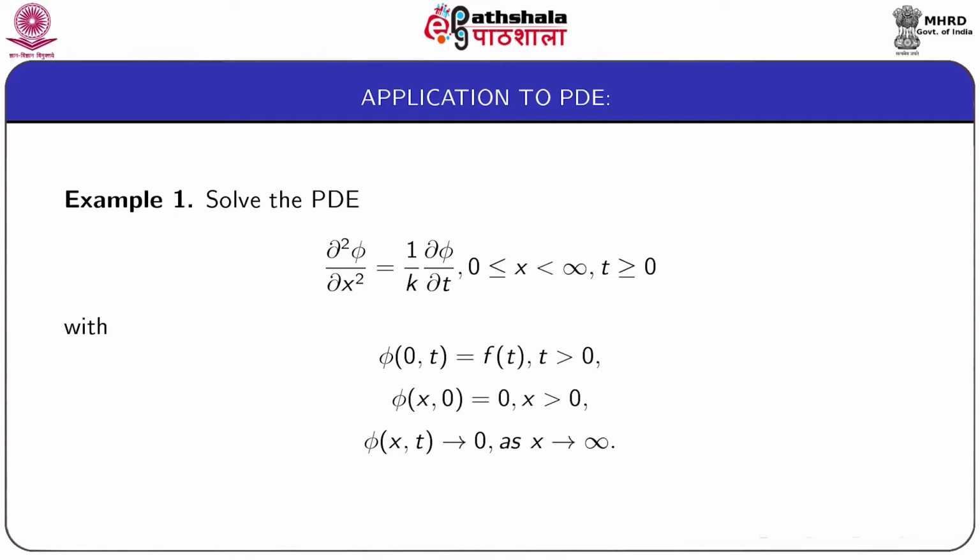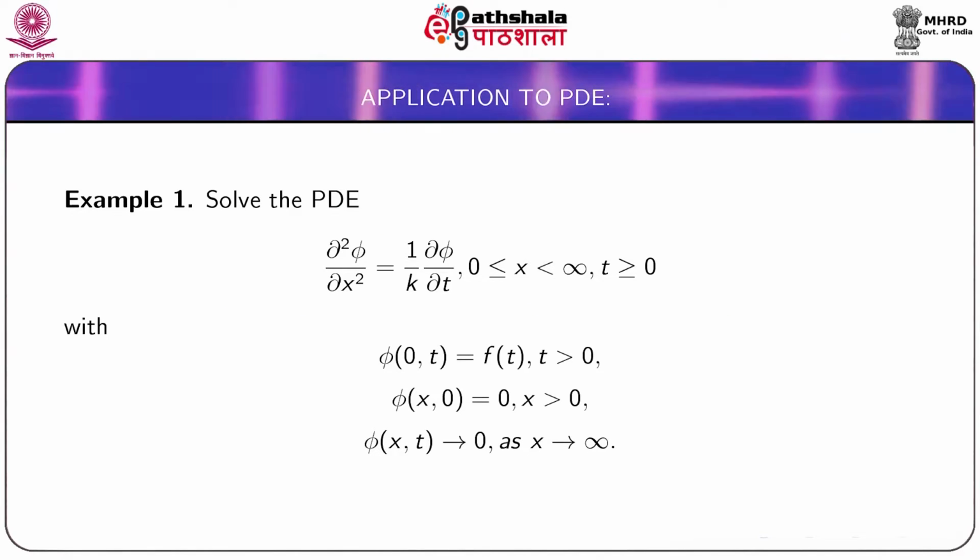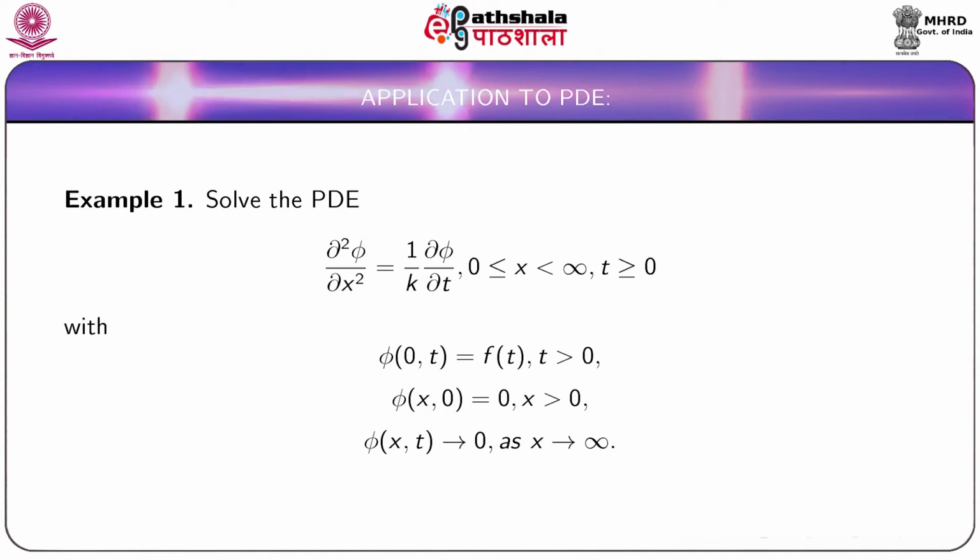In example 1, we will solve the partial differential equation involving the heat conduction equation, that is ∂²φ/∂x² equal to 1/k ∂φ/∂t, where x lies in the interval 0 to infinity and t greater than or equal to 0.